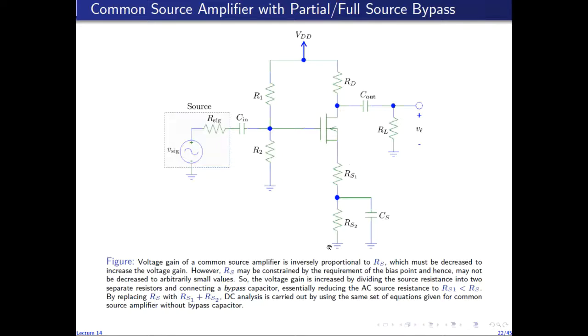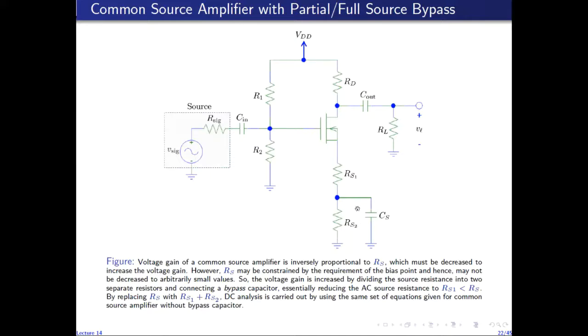So you can assume that we have divided RS previously into two resistors, RS1 plus RS2. Because at DC this capacitor is open circuited, the total resistance in the source branch at DC is RS1 plus RS2.